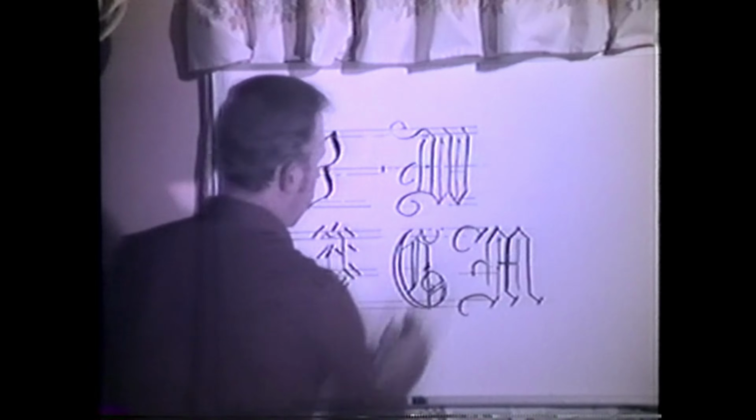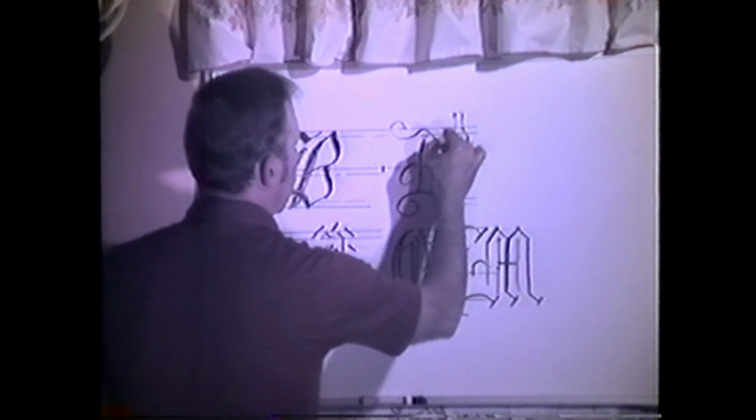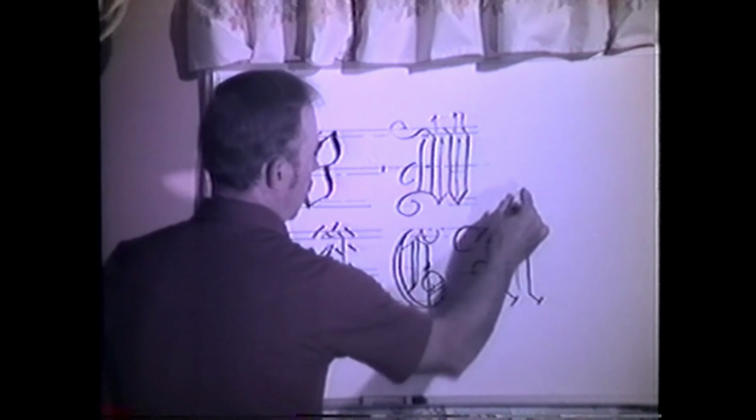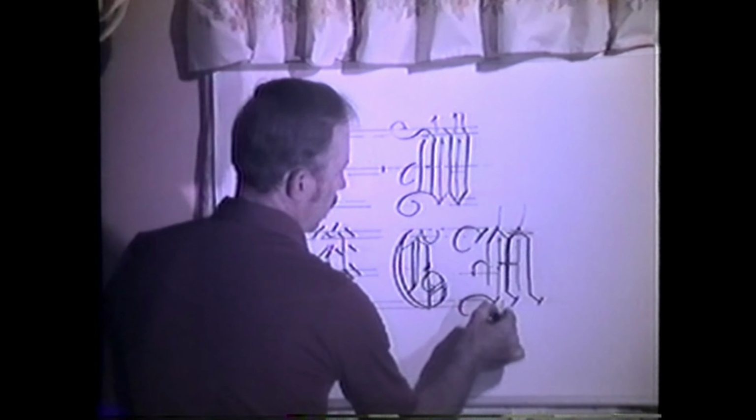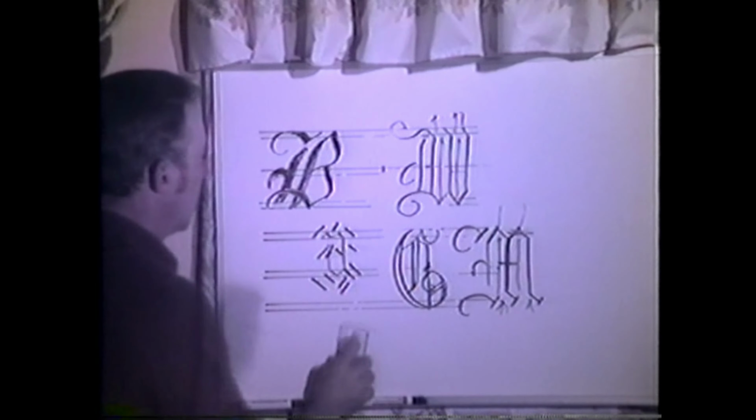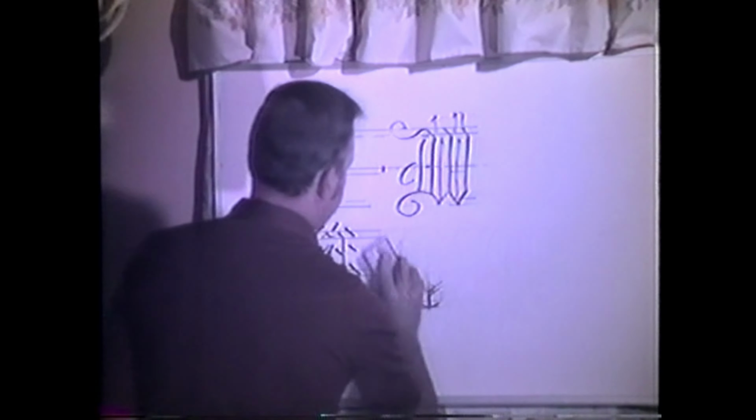A lot of times people can't tell them apart. You have to understand them to be able to tell them apart. This is open up here at the top. It's closed right here. It's open down at the bottom. That's the difference. You have to understand them to know how to draw them.